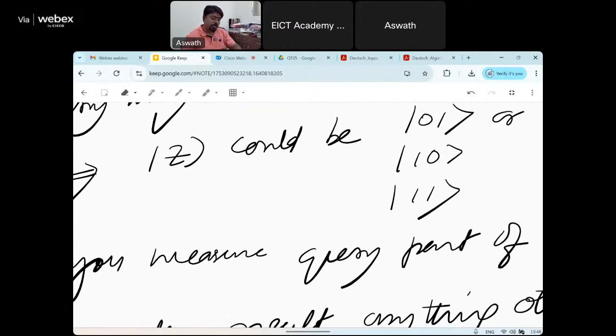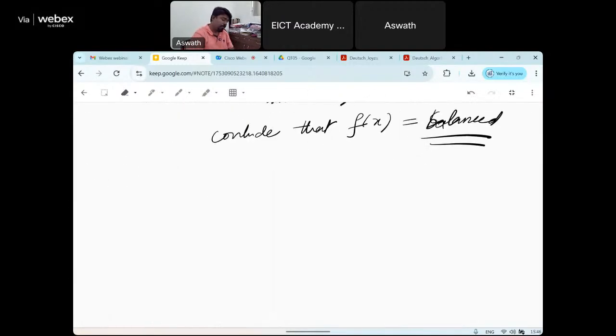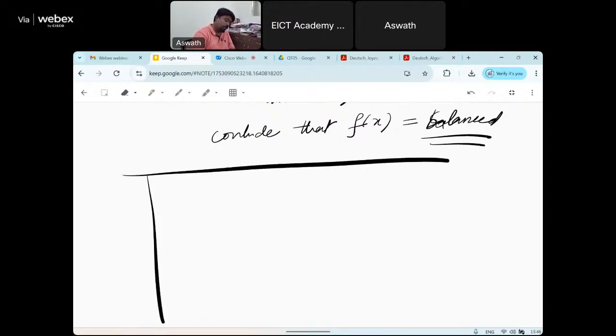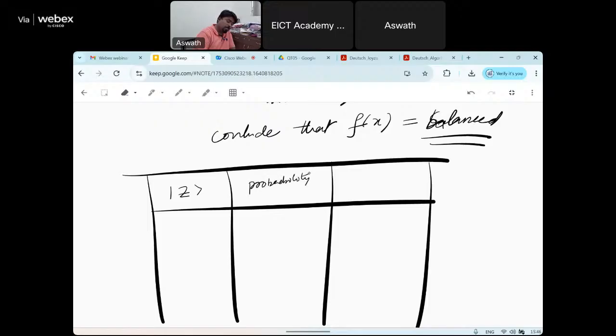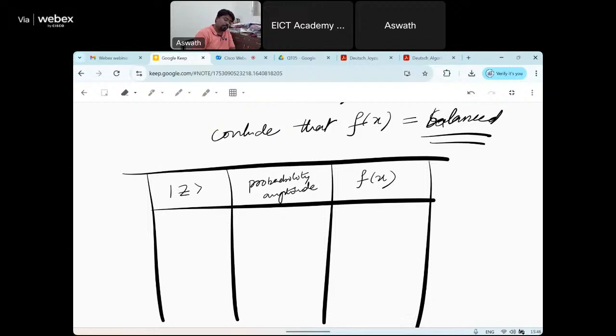Let me put it into a table. I have a query register z, the corresponding probability amplitude, and the function nature.